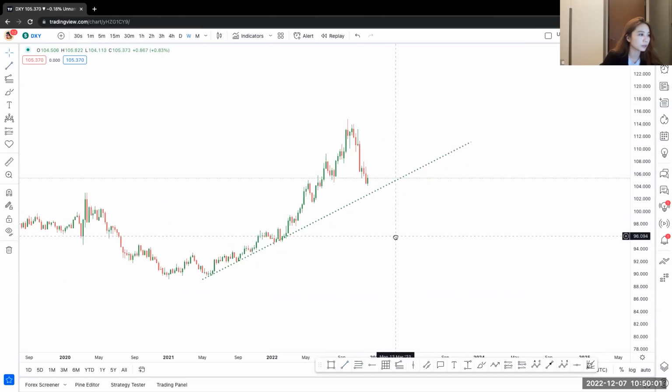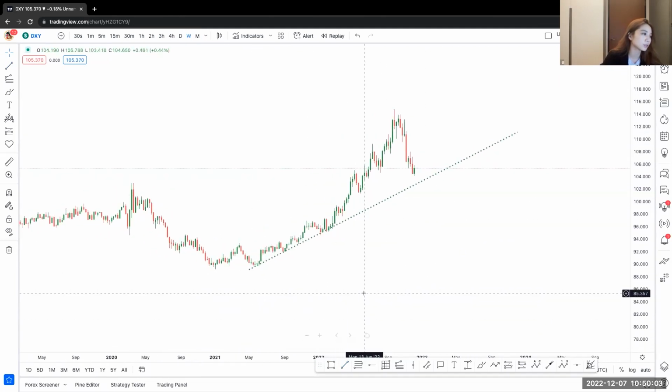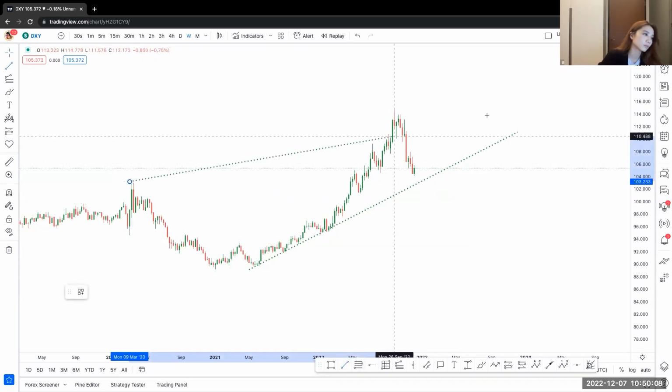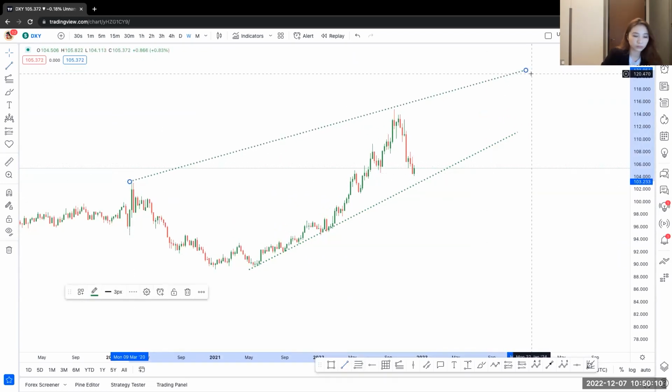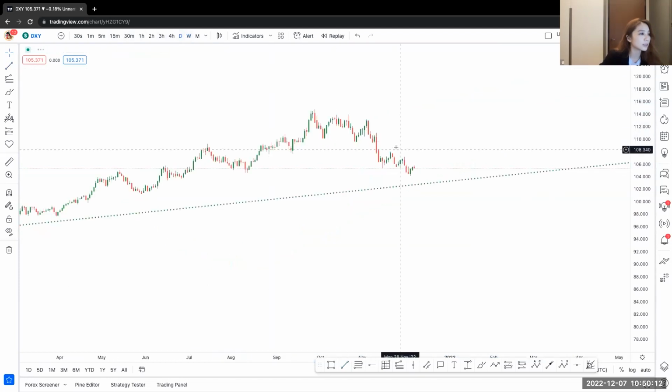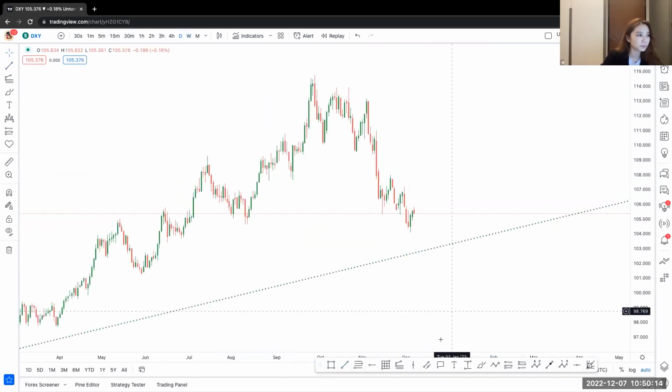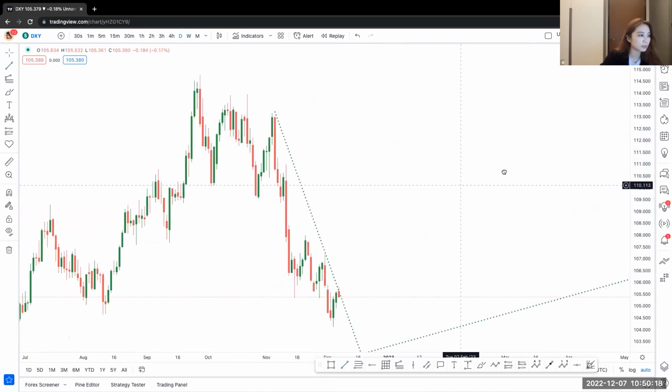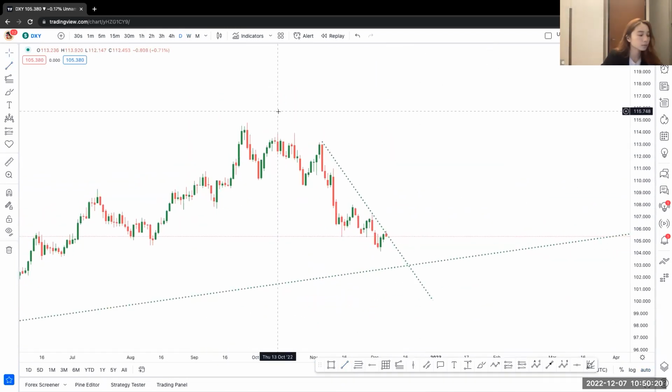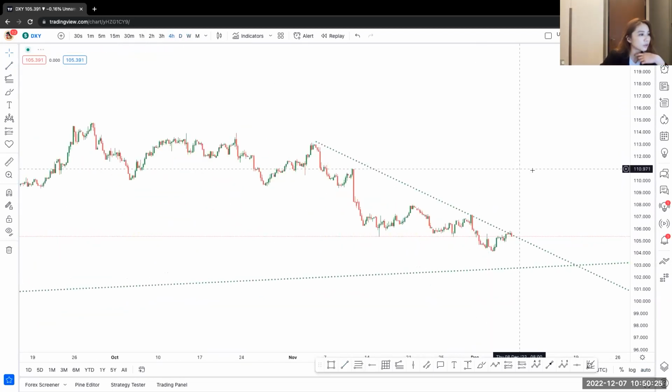Upward moving as well, strong downturn after. Let's look at daily. So recently we're looking at a down drop. Let's look at H4.